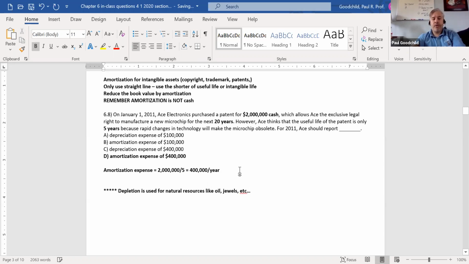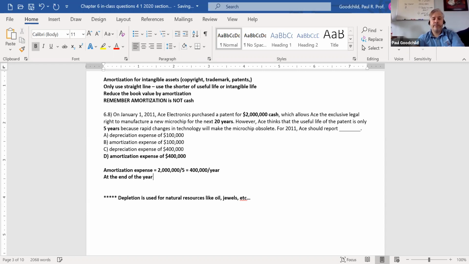All right, and so at the end of the year in our amortization account, or sorry, in our patent account, the book value would be 1.6 million, which is equal to the 2 million minus the 400,000.